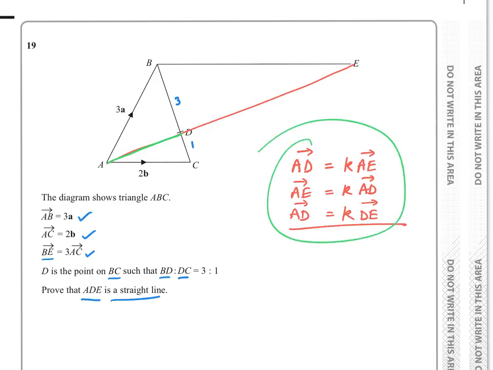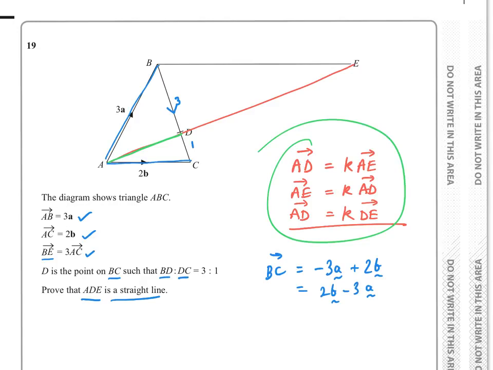Well, the first thing to think about is, what about BC? Well, to go from B to C, that's the journey minus 3a plus 2b, or just 2b minus 3a.